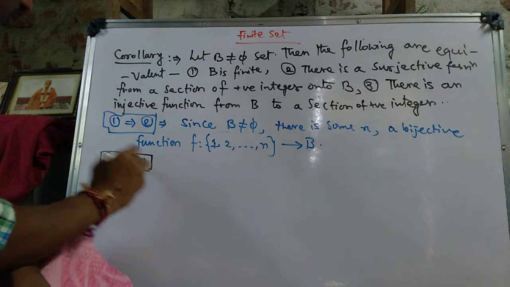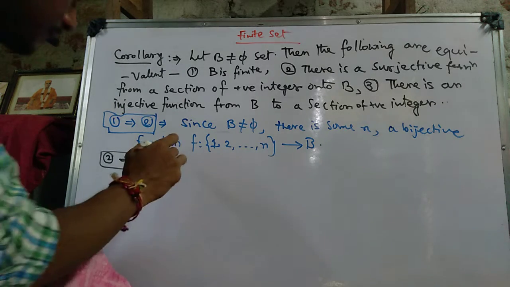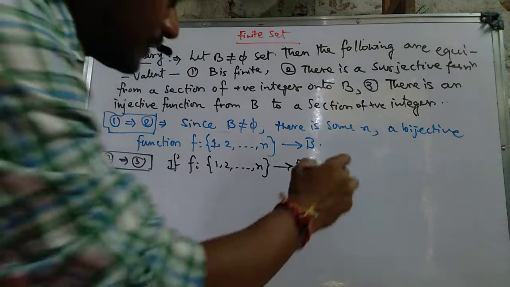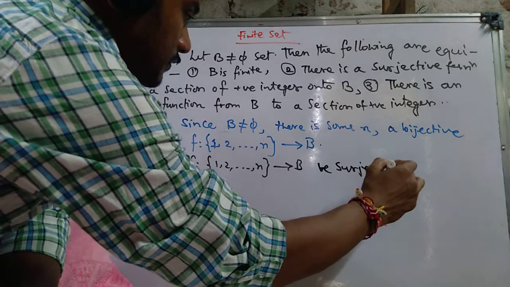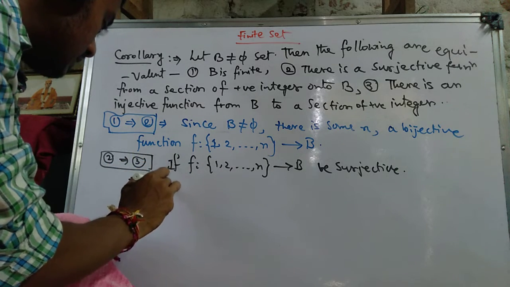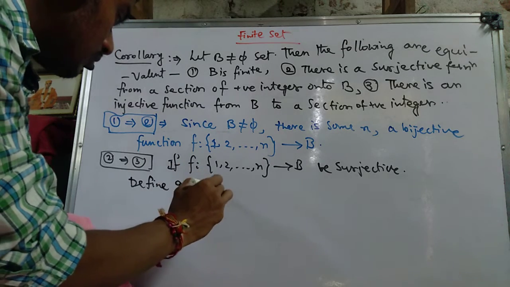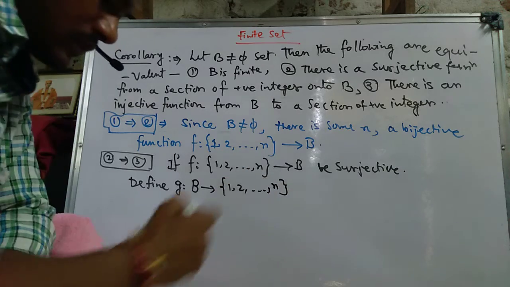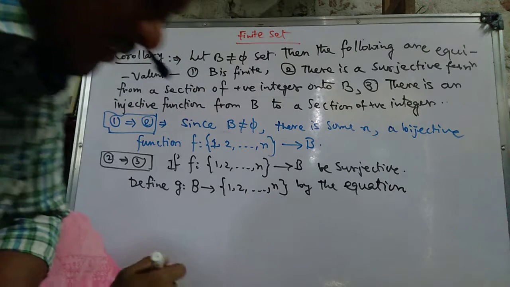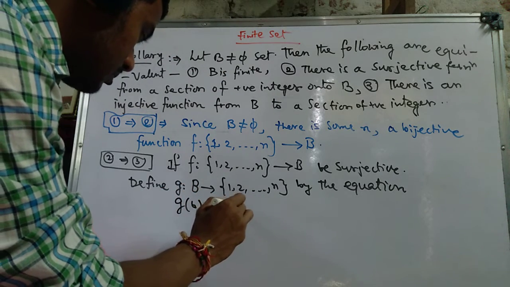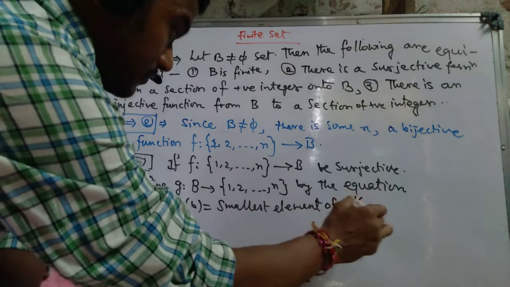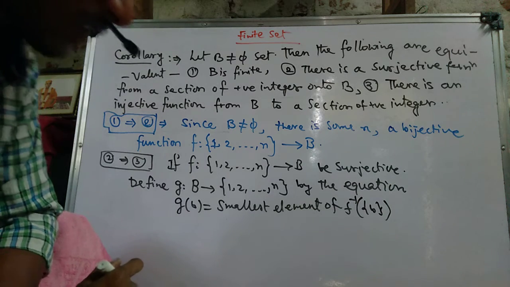How do we prove 2 implies 3? Okay, if f from {1, ..., n} to B is surjective, then we define g from B to {1, ..., n} by the equation g(b) equals the smallest element of f inverse of b.